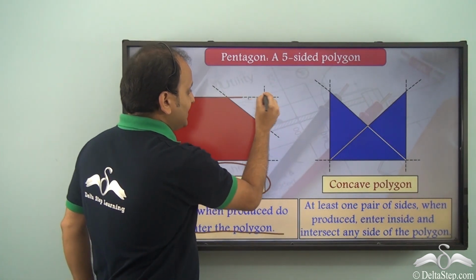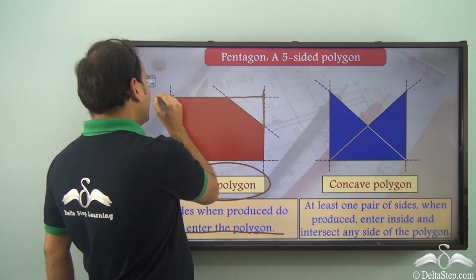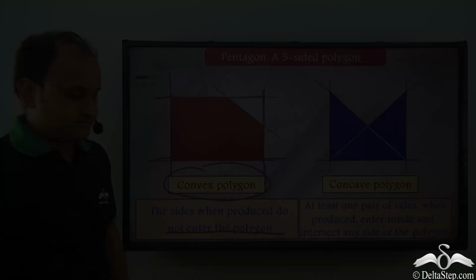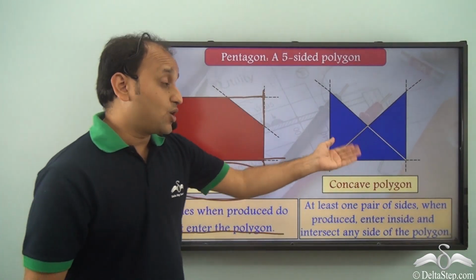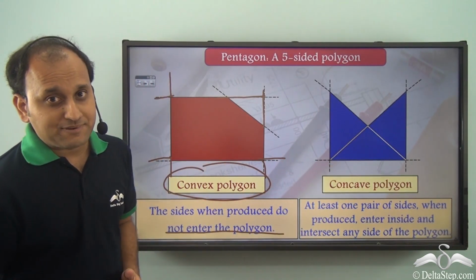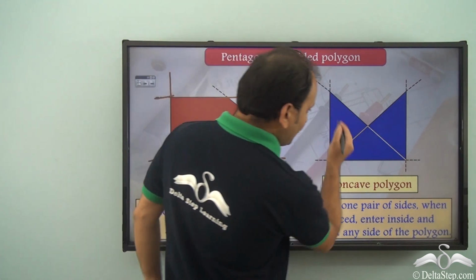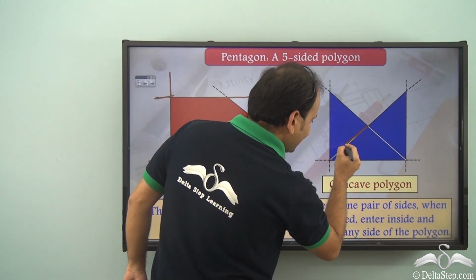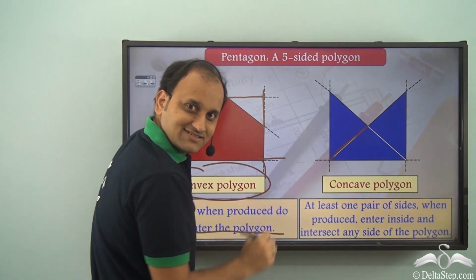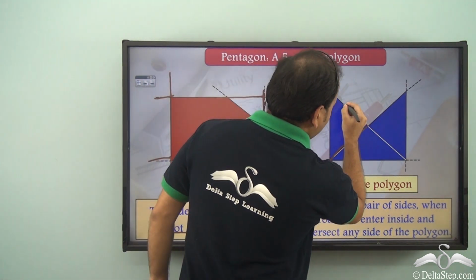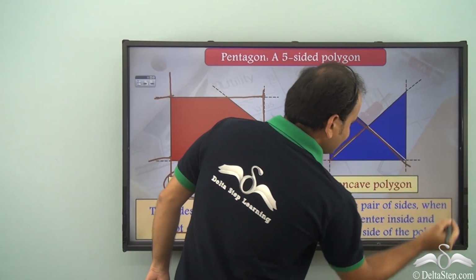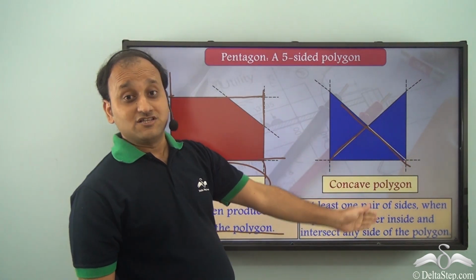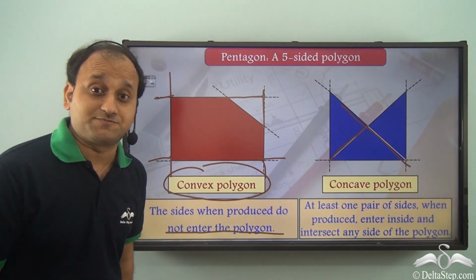So you see, when the sides are produced, none of the sides are entering the polygon. Now if we see a concave polygon, what exactly happens in this? Well, if you produce this side here, what do we see? It enters the polygon, isn't it? And if I produce this particular side, this again enters the polygon. So that is the main difference between concave and convex polygon.